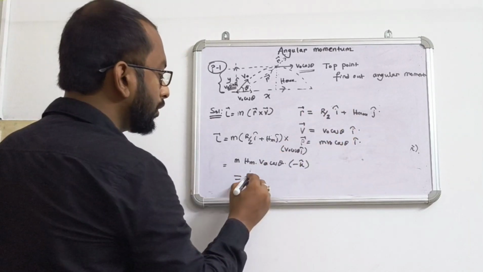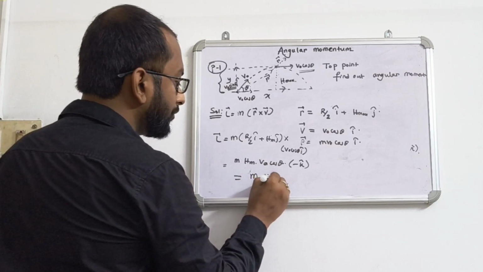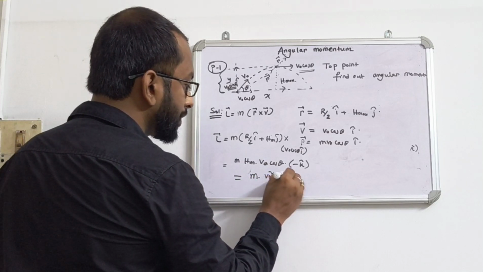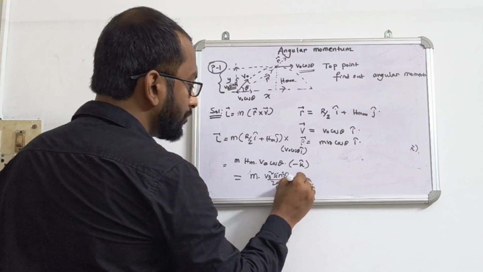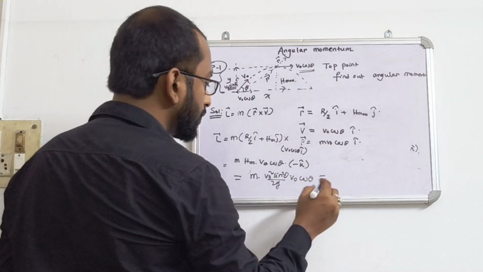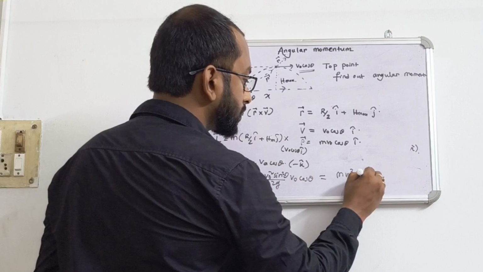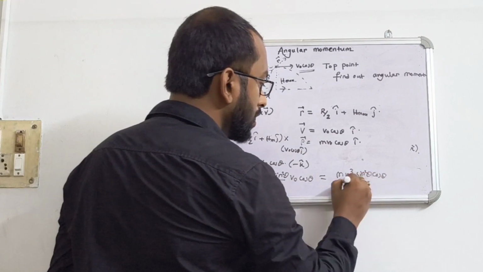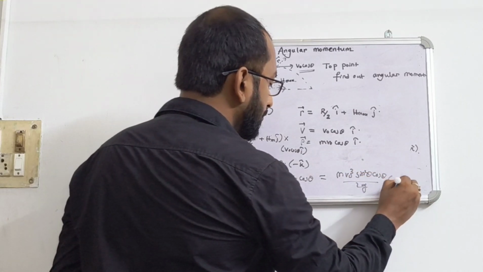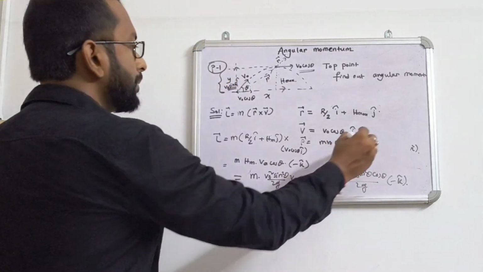So a similar kind of expression we are getting: v naught square sin square theta by 2g times v naught cos theta. Eventually we get m v naught cube sin square theta cos theta by 2g, minus k cap. That is method 2.